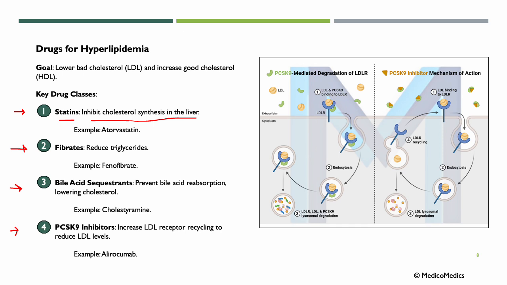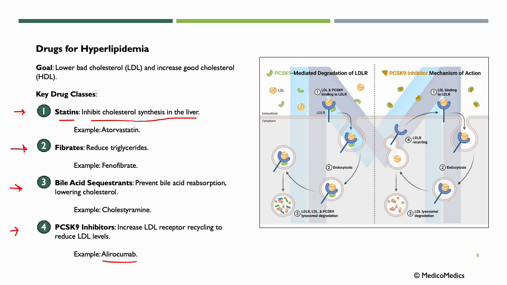The inhibitors are monoclonal antibodies that block this interaction. So by preventing the destruction of LDL receptors, more receptors are recycled and reused, increasing LDL clearance from the bloodstream. A clinical example could be alirocumab, often reserved for patients with familial hypercholesterolemia or those intolerant to statins, for example.